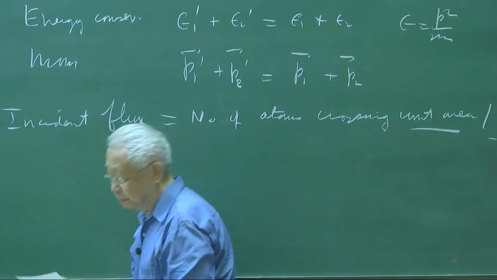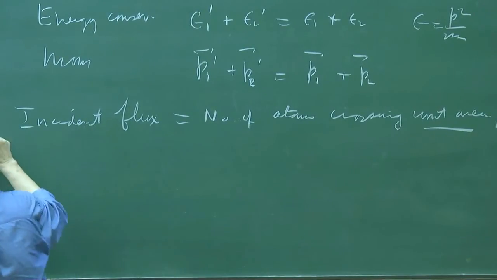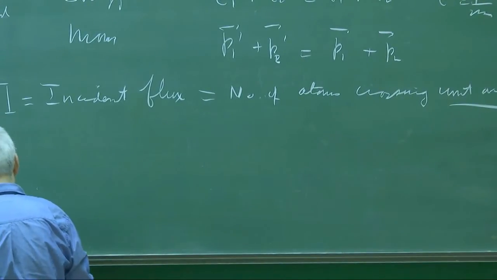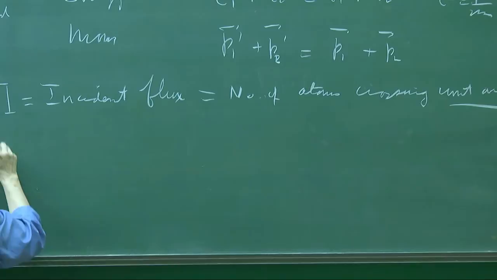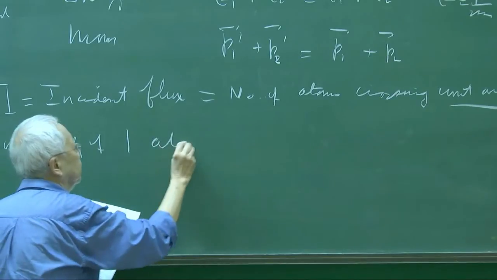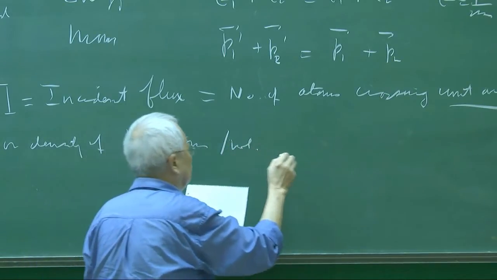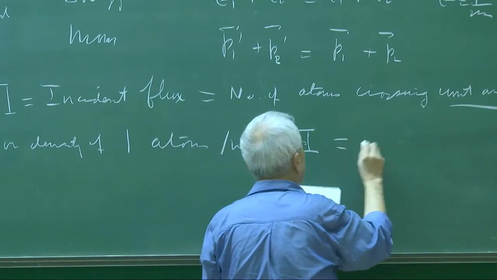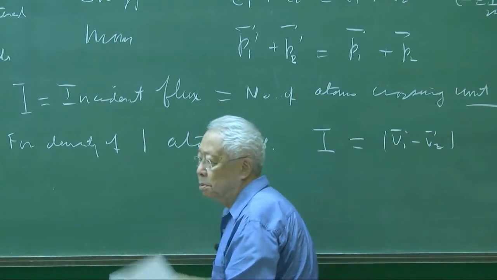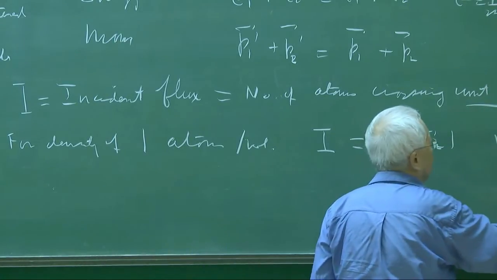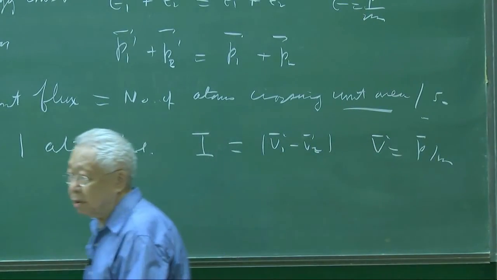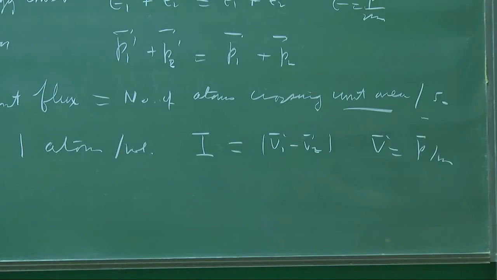And that's called the incident flux. It's I. For a density of 1 atom per cc, 1 atom per unit volume, I is just equal to V1 minus V2, the velocity of approach of these two particles, where V is equal to P over M. So this I is just the relative velocity of approach of the two partners.